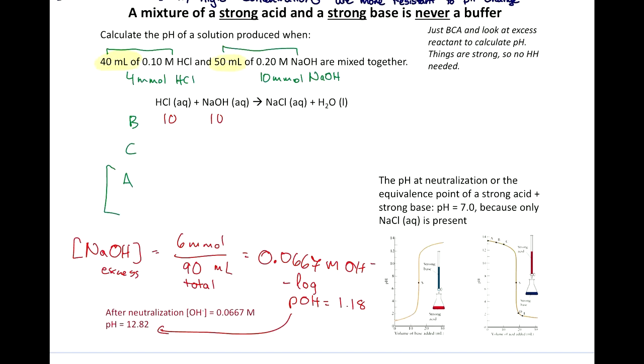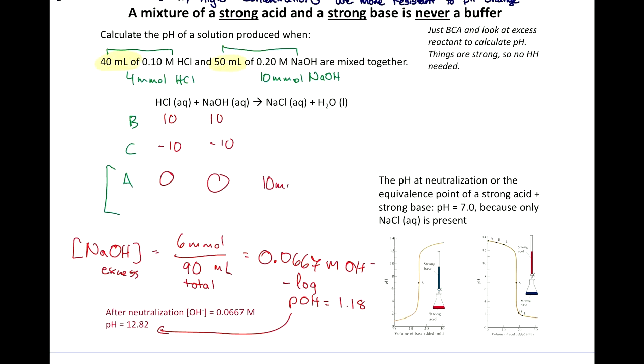What if I started with 10 millimoles of HCl and 10 millimoles of strong base, sodium hydroxide? What is present afterwards? Just NaCl, so we would have 0 HCl, we'd have 0 sodium hydroxide because they fully react with one another, but then what do we also have?